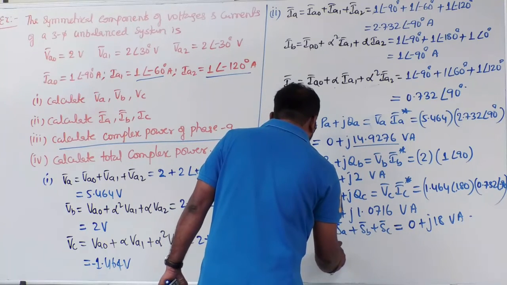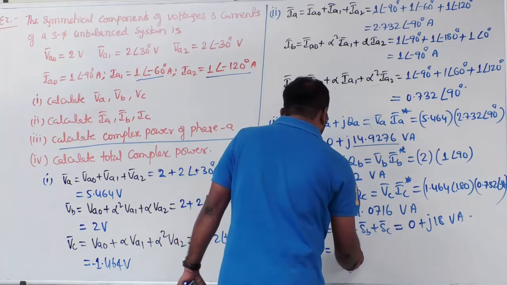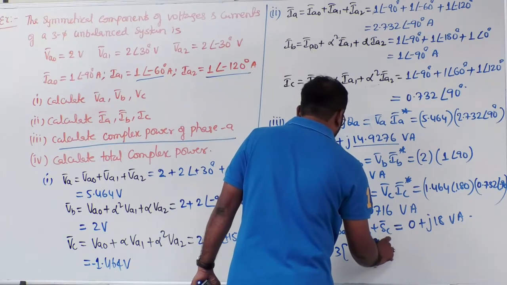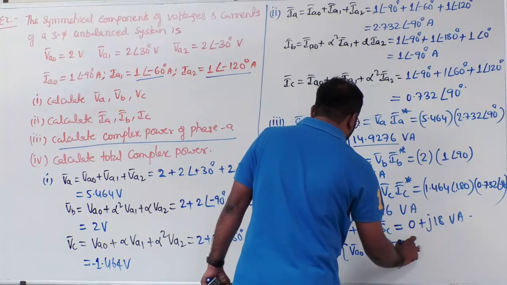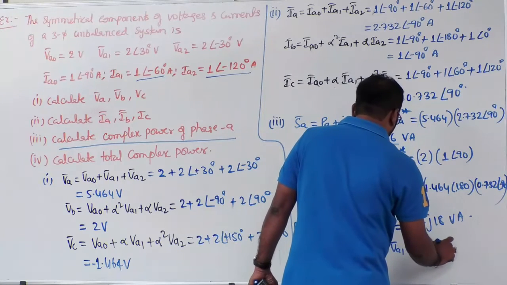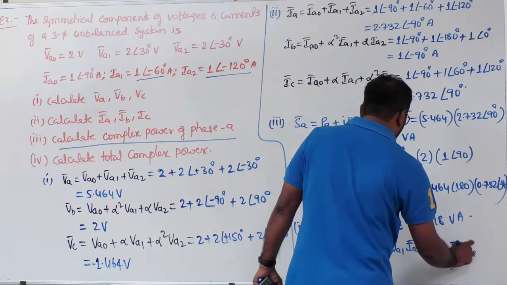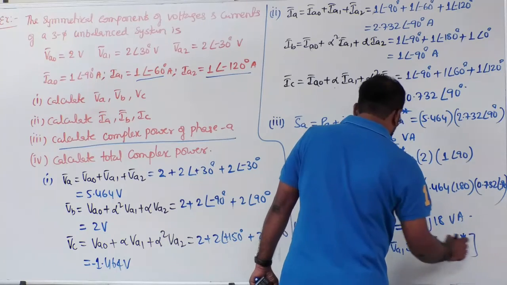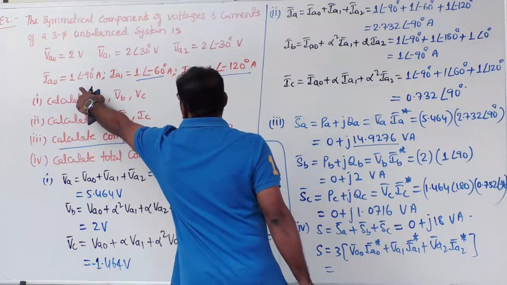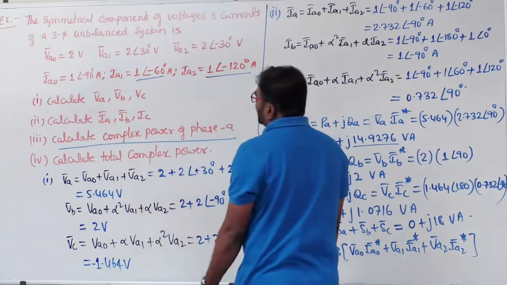But in terms of symmetrical components, what is S? VA0 IA0 conjugate, correct or not? Plus VA1 IA1 conjugate plus VA2 IA2 conjugate. Clear? Now if you substitute and verify, what is VA0? It is 2, and IA0 is 1 at an angle minus 90.